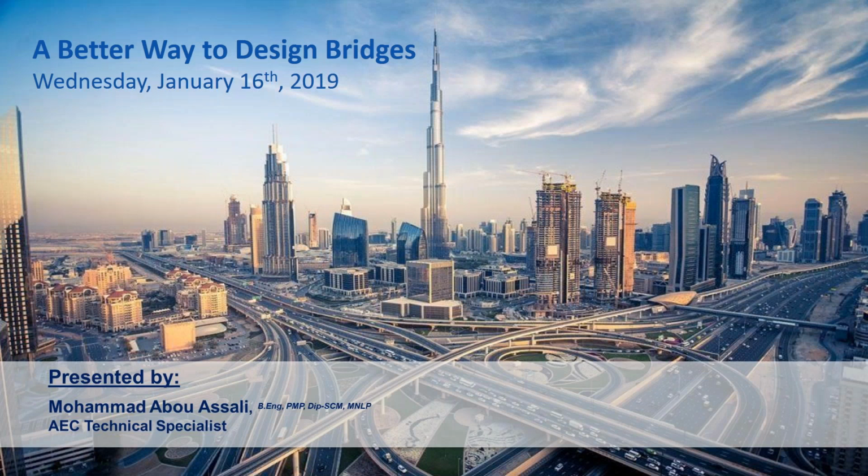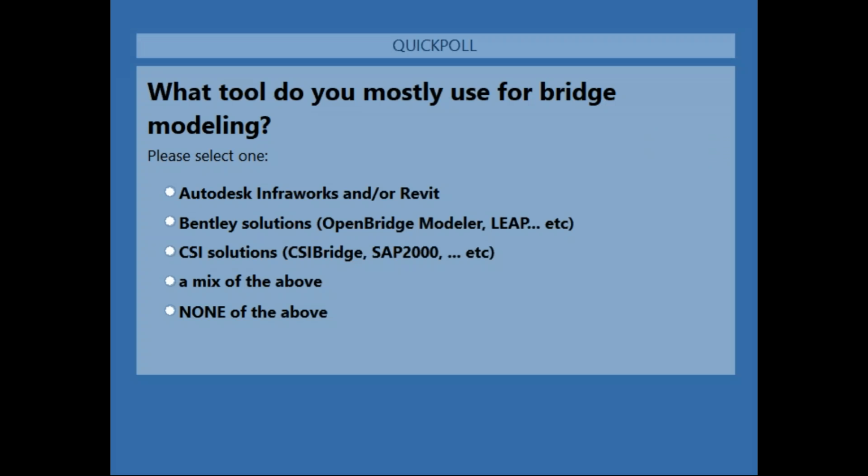The next question that we have for today is what tool or tools do you mostly use for bridge modeling or design? Do you use Infraworks and or Revit or basically any of the Autodesk software? Do you use Bentley solutions like OpenBridge, Modeler, Leap, and others from Bentley?